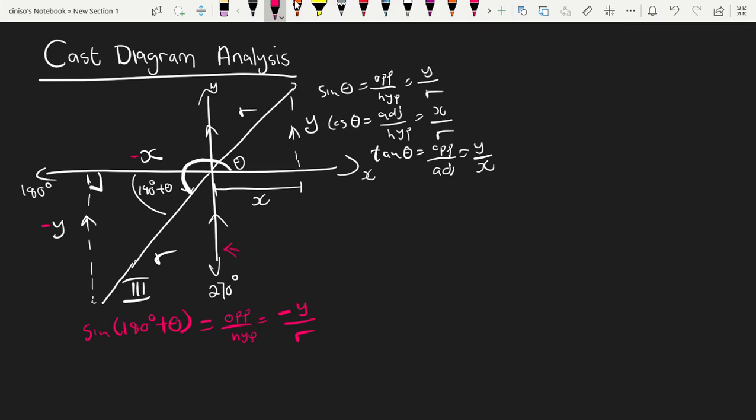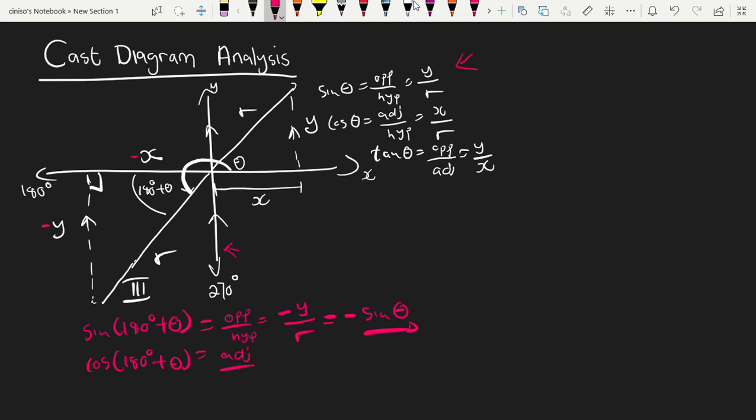So going back to the basics, in your first quadrant, you have sine of theta, which is y over r. But in this case, we got a negative y over r. So meaning that it's going to be negative sine of theta. So sine is negative in the third quadrant. Now let's try cos of 180 degrees plus theta, which is what?